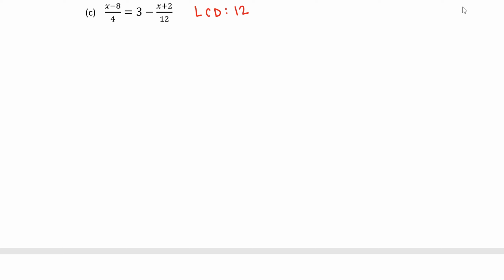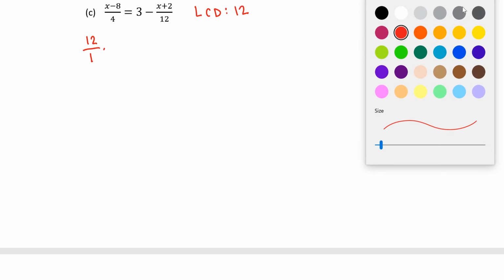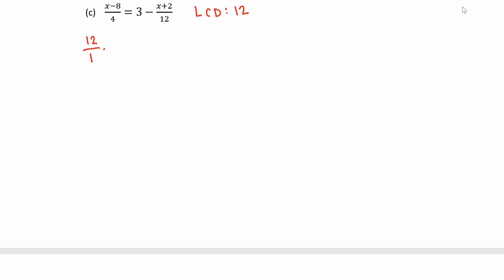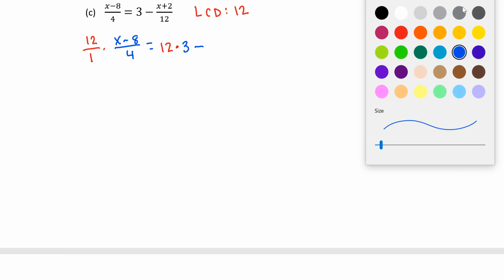So I'm going to multiply all 3 of those terms by 12 over 1. I'm going to multiply the 3 just by an ordinary 12, since it's not a fraction.